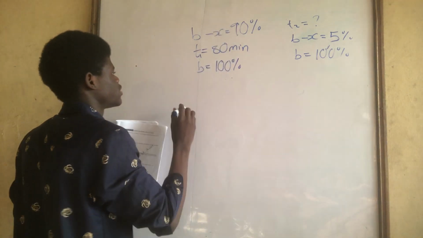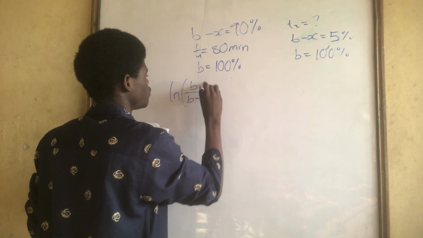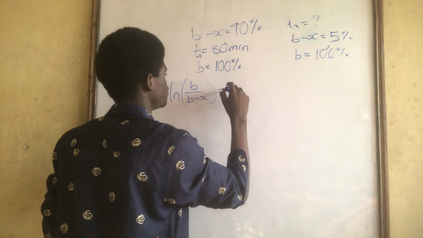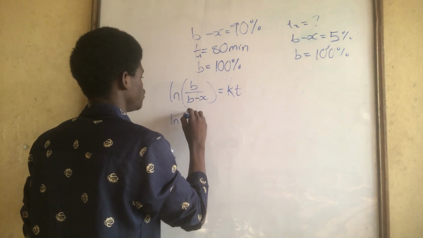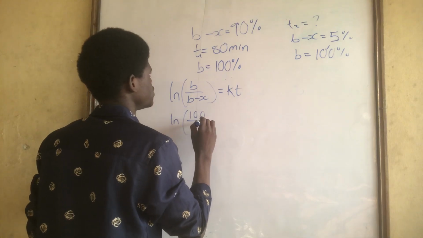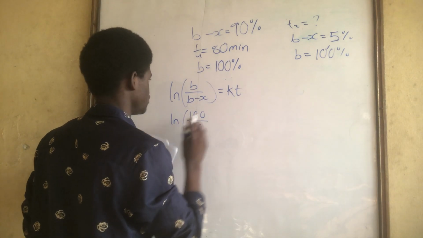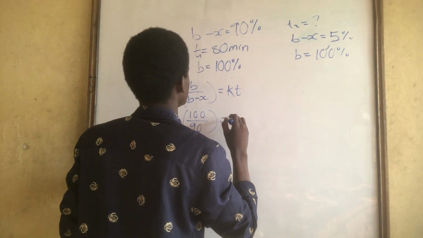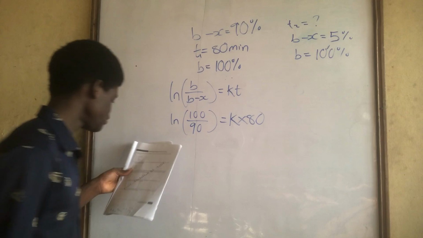So let's find the rate constant using our normal formula, the integrated rate law. So B here is 100, over B minus X, which is 90. Is that 90? Yes, because it's 10% complete. Equal to K times time, which is 80 minutes.